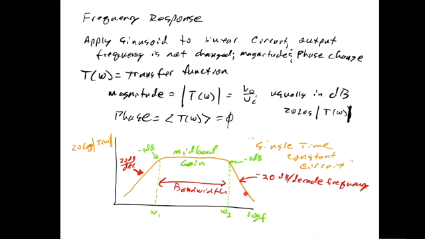As you go up in frequency, the gain will start to fall at a rate of 20 dB per decade. And if you have a high pass circuit, below a certain frequency, the gain will increase at 20 dB per decade. And between those two frequencies, gain will be constant.